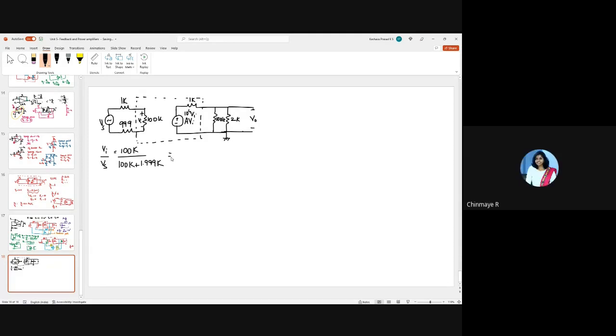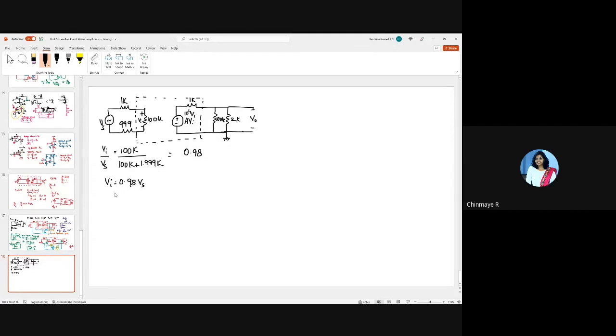Clear, okay. So how much is this? Can you calculate and tell me? Definitely less than 1. It is 0.98. So in other words, I can write Vi is equal to 0.98 Vs, right?